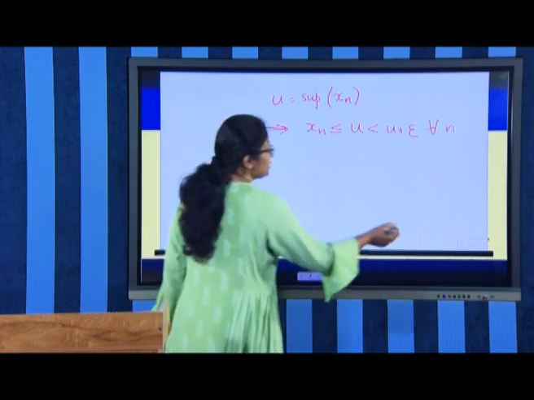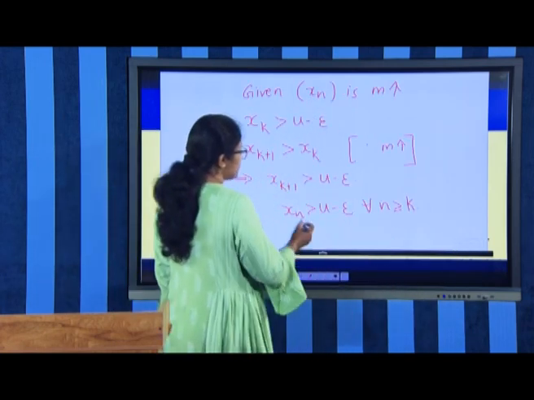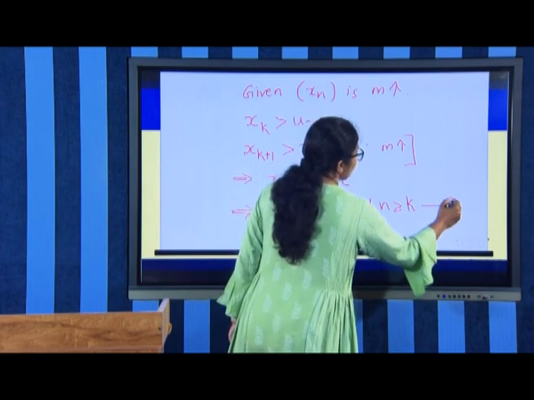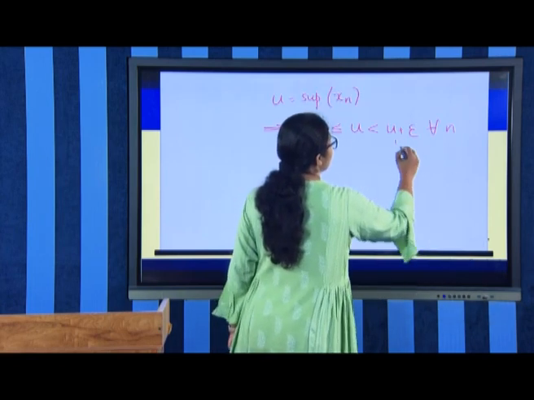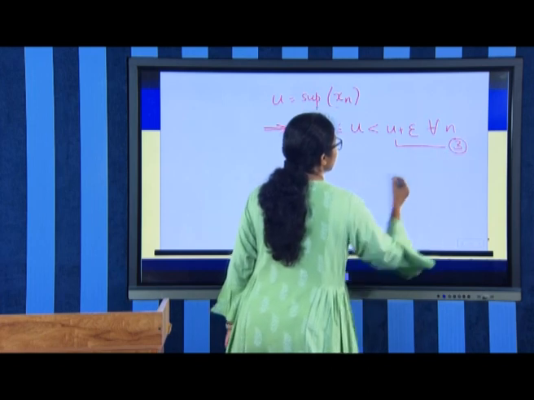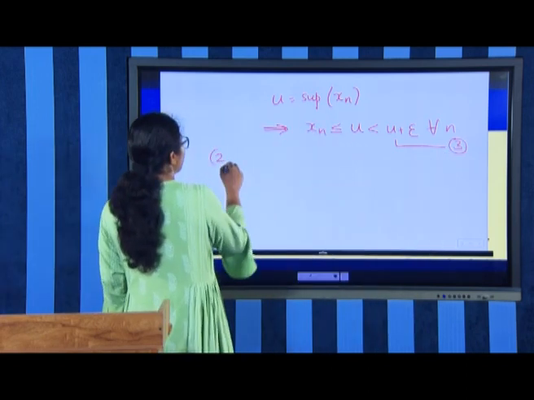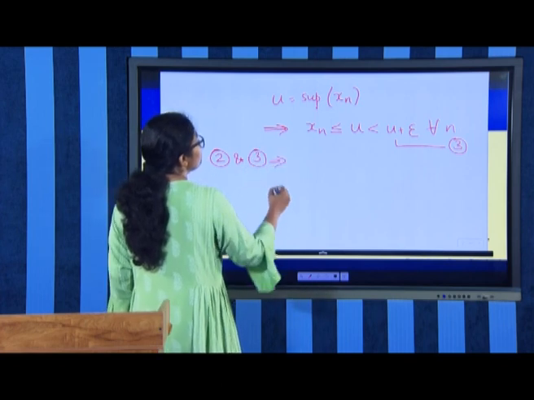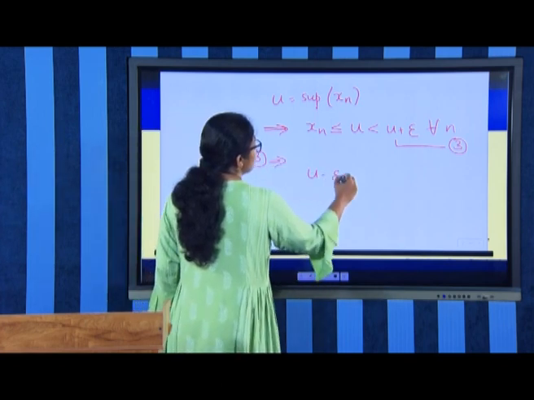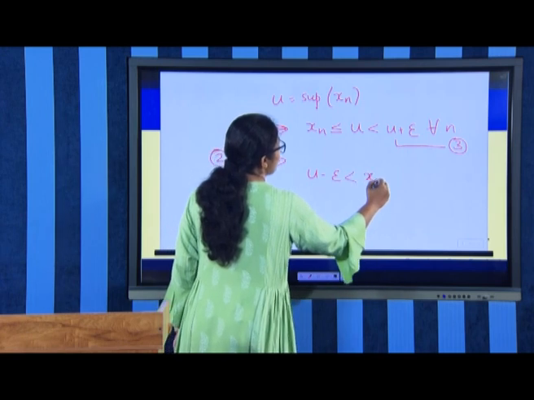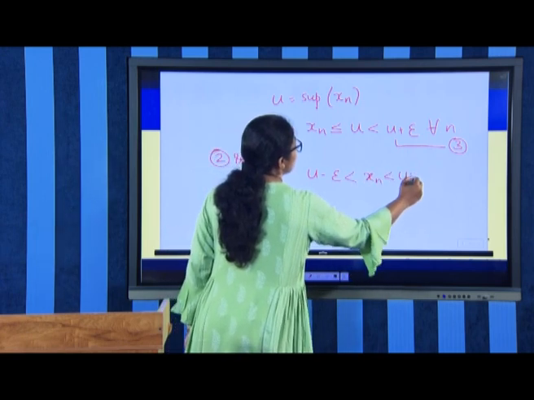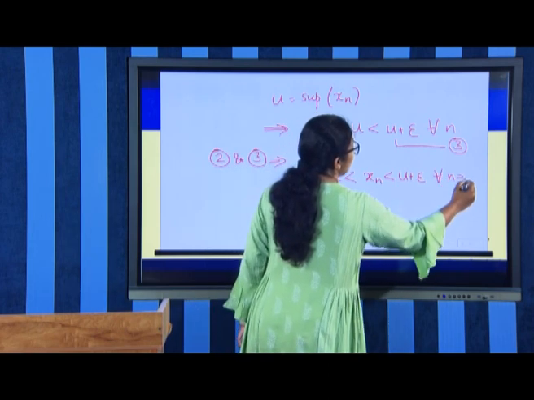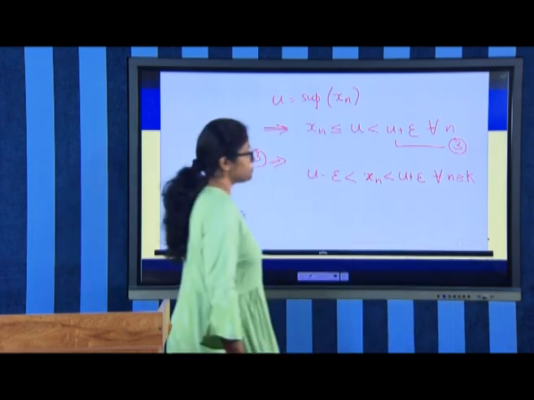Combining these two results, inequality number 2 here and inequality number 3 on this side, from 2 and 3 we get U minus epsilon less than xn less than U plus epsilon for every n greater than or equal to k.